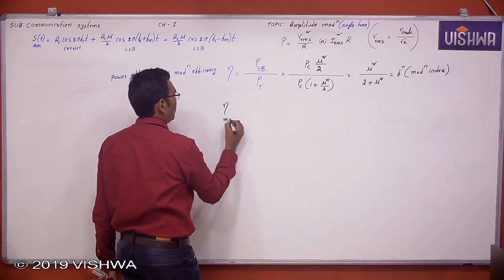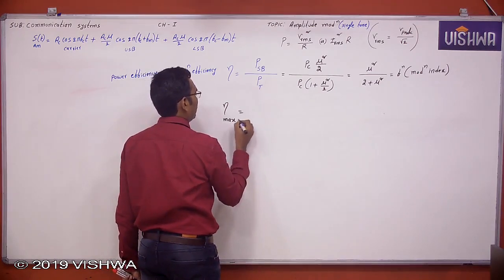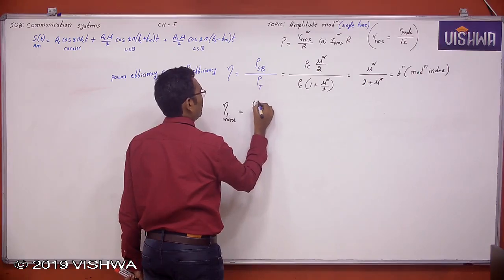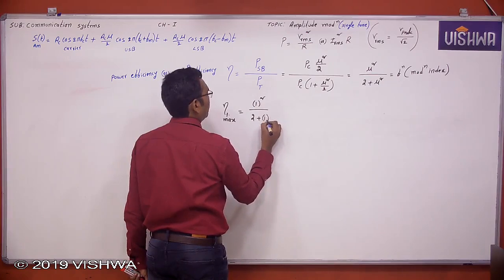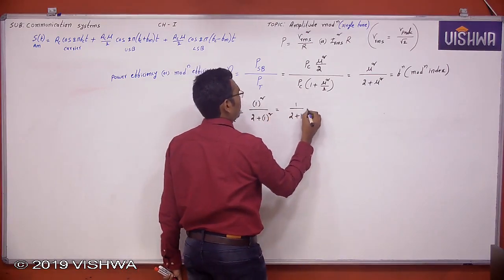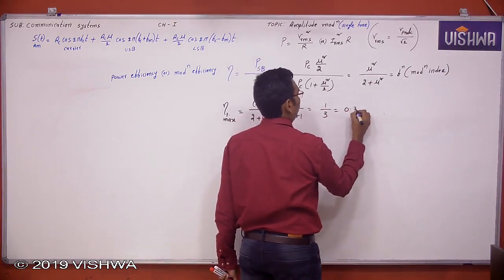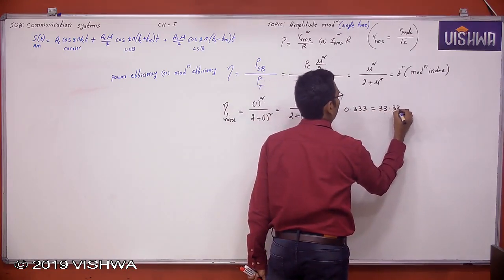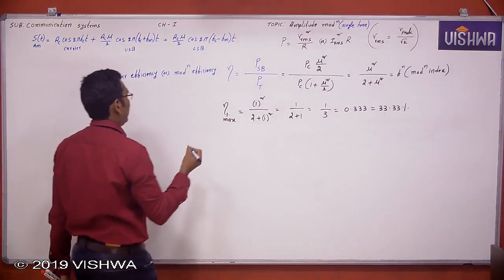The maximum efficiency of an AM wave, which means mu is 1, is 1 square by 2 plus 1 square, which is 1 by 2 plus 1, equal to 1 by 3, which is 0.333, equal to 33.33%. This is the maximum efficiency of an AM wave.